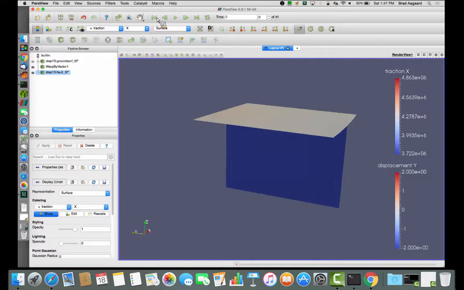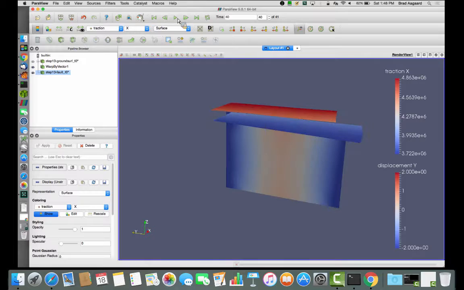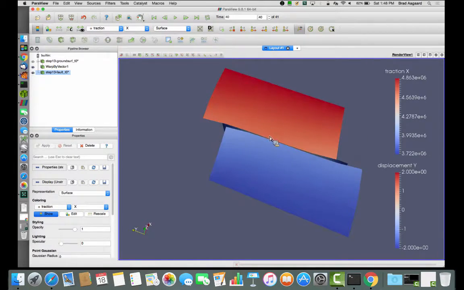If I start this over, build up stress, and you can see that sort of flashing. Increase in stress, stress drops. Increase in stress as we deform, and then the stress drops. So that's sort of stick-slip behavior in a little box with a through-going fault. We created earthquakes. Any questions on this one?